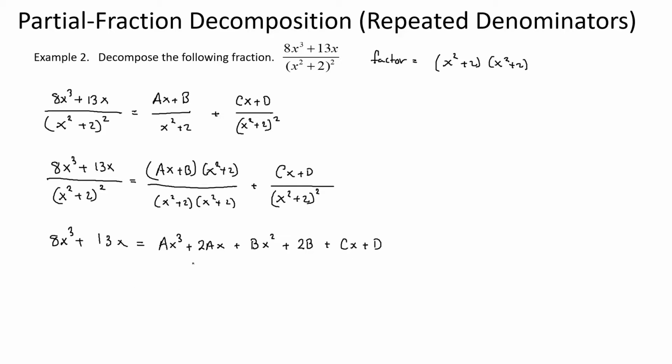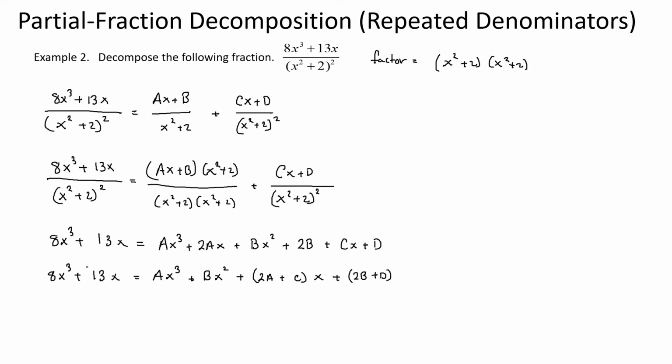Now let's try to group them by their variables. 8x^3 + 13x: 8 times x^3, plus bx^2. Now 2a plus c should be the coefficient of x, and 2b plus d should be the coefficient of the constant.